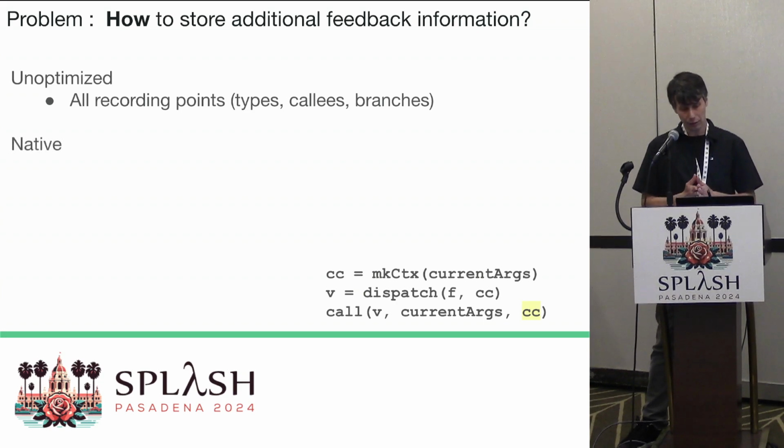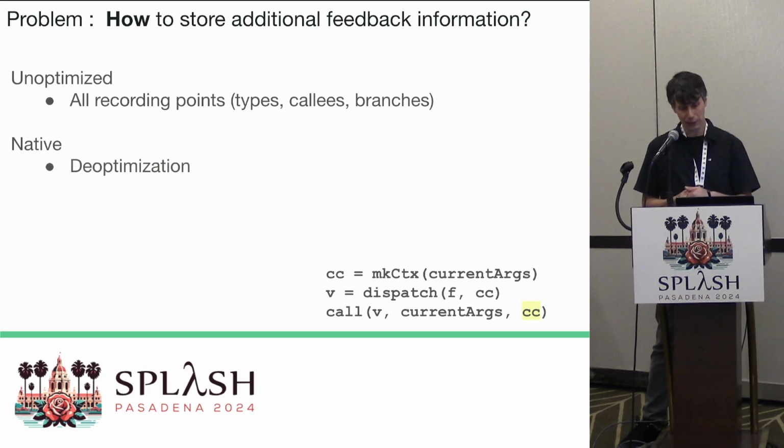Now in native code, it's different. In native code, the only places where we update feedback vectors are on the optimizations. Otherwise, we never touch the feedback vectors. And there are two cases.